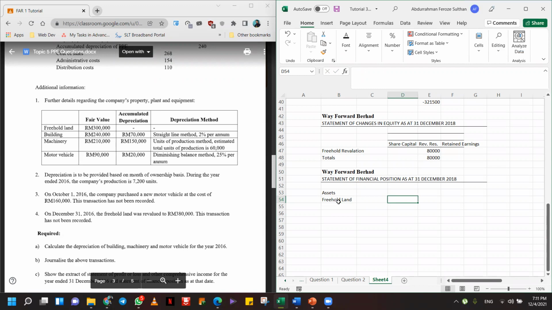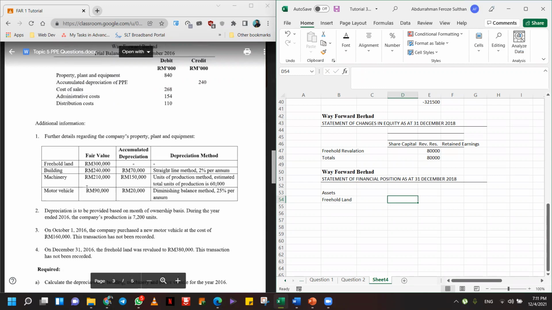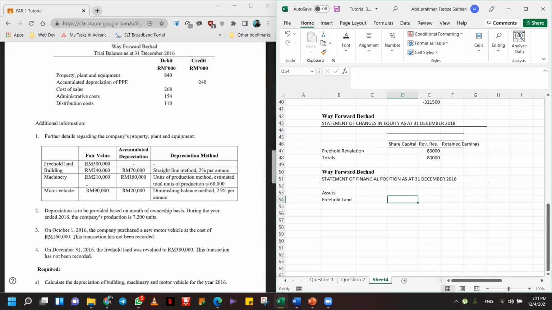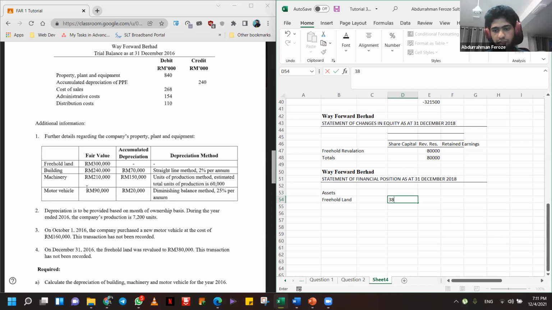Not 300,000. It would not be 300,000. Is it 380,000? Yeah, it was revalued. Once it's revalued, that is the value that'll be added to the assets, right? And then we have the building.